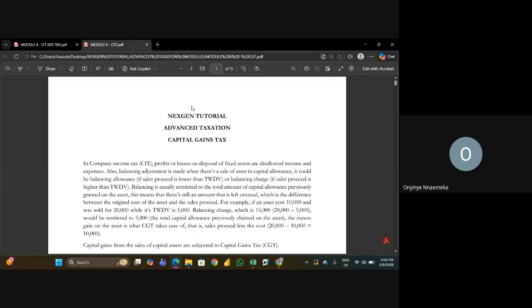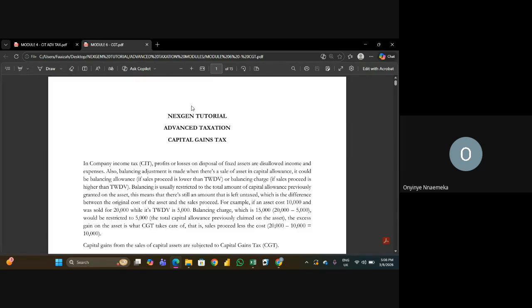So this means that there is still an amount that is left untaxed, which is the difference between the original cost of the asset and the sales proceeds of the asset. For example, let's take an example so it's more realistic. An asset costs 10,000 naira and it was sold for 20,000 naira. Tax written down value at the time of sale is 5,000 naira.